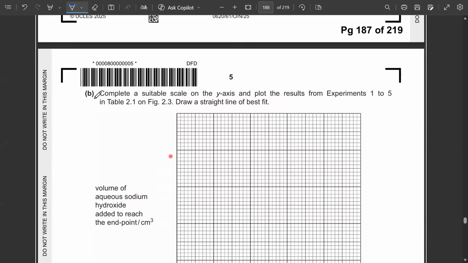Moving forward, question number, the B part. Complete a suitable scale on the y-axis. On the y-axis, plot the result from experiment 1 to 5. So here you are supposed to plot all the values on the graph.